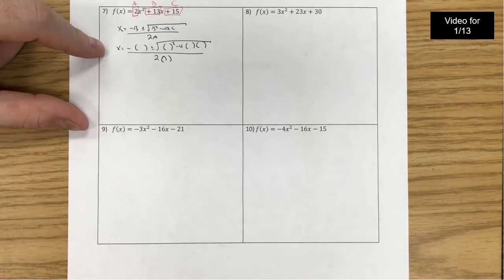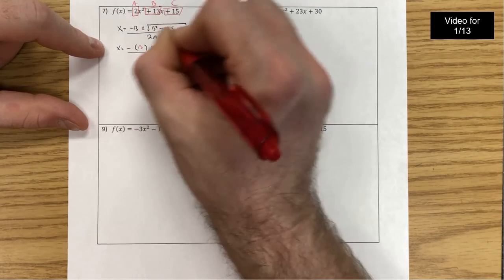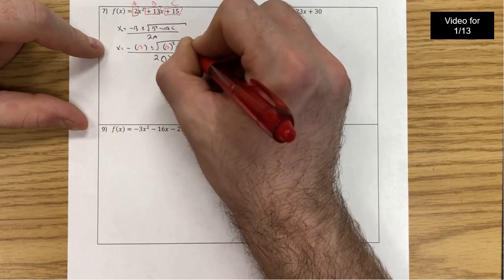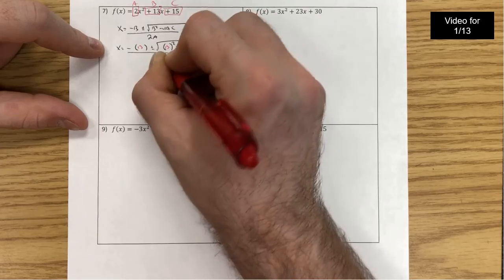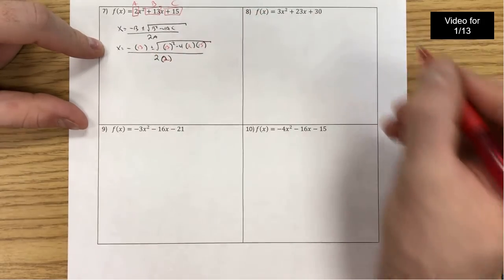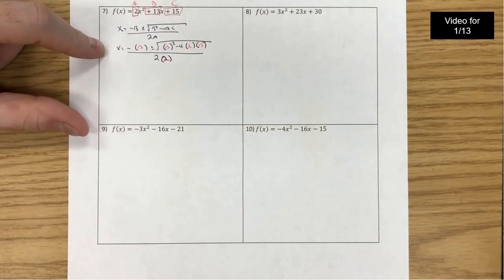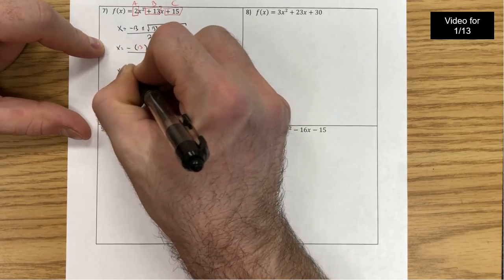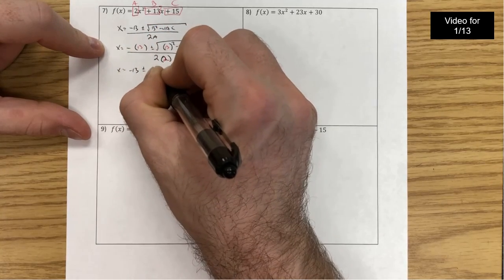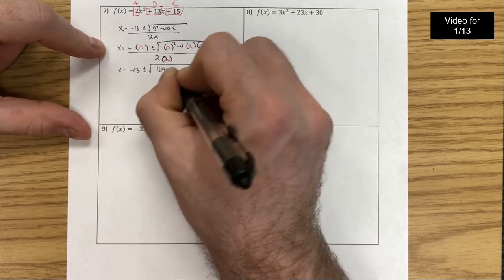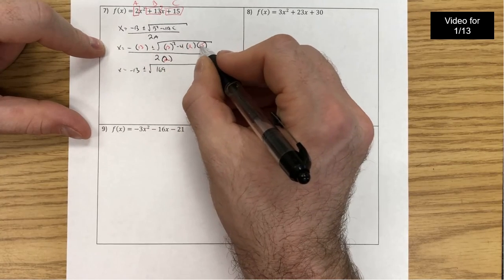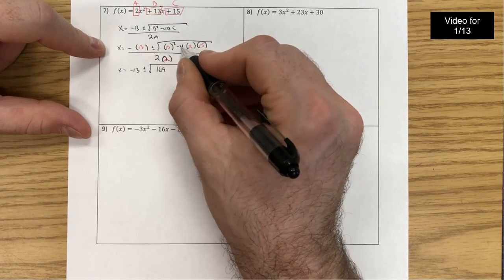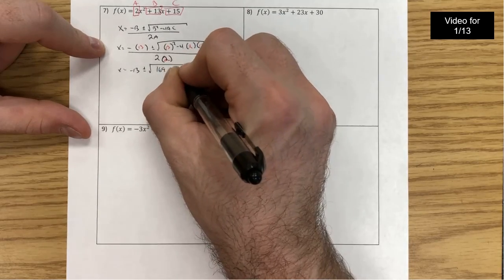There we go. 13 is 4 times a times c all over 2a. There we go. So I get negative 13 plus or minus 169. Let's see. That's going to give me, well, 2 times 15 is 30. 4 is 120.